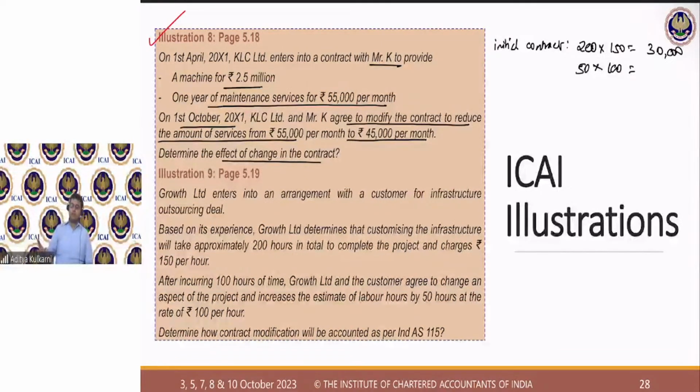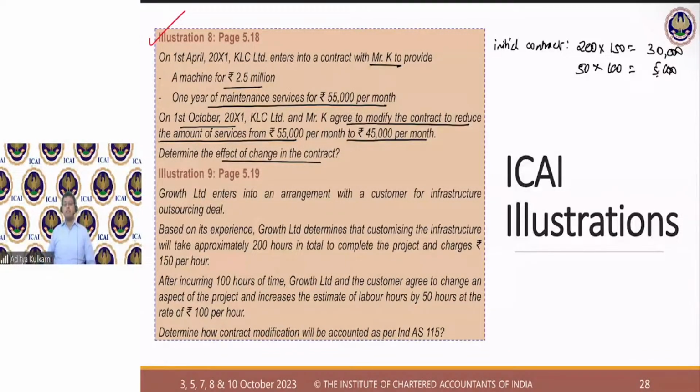The CA firm said, look, for the transfer pricing study, TP report, all of that, you will get an additional 50 hours from our side, and the cost of that is going to be 50 into 100, which comes to rupees 5,000.